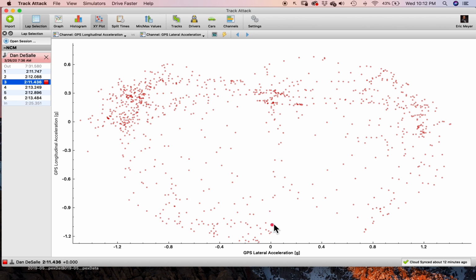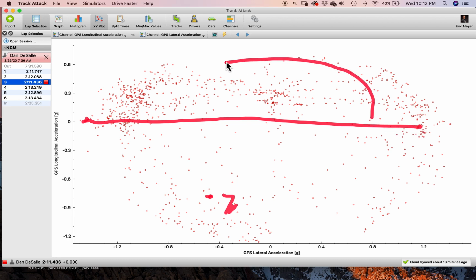This concept right here, it'll make sense in a second, is basically this. It's the same thing. Remember, down here is braking. Remember, here's our 0 right here, right? So these would be acceleration, positive longs.